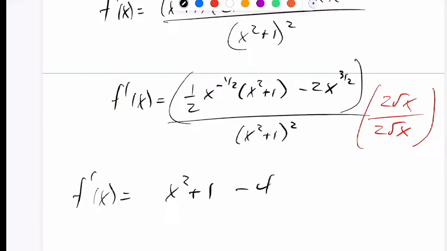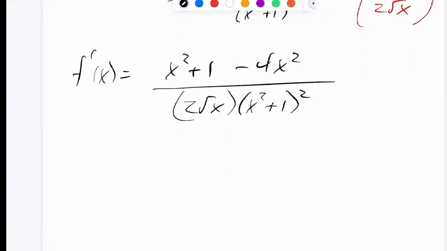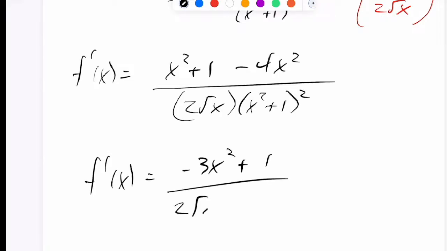And this here, Bansari, when I take the root of x times x to the third, you're going to end up getting x squared. So it comes out quite nice, and you get 2 root x times x squared plus 1 squared. You guys see this? So f prime at x is minus 3x squared plus 1 over 2 root x times x squared plus 1 squared.